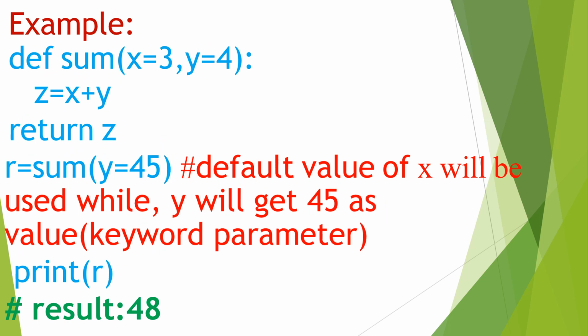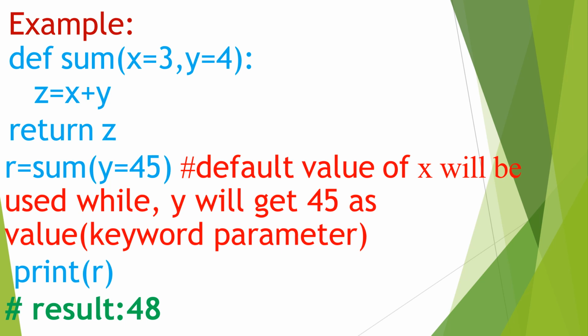Now, in this example, again, both the parameters are default parameters, but at the time of calling the function, we are sending y equals 45. Again, here y is a keyword argument, that is why the value of y will move into the parameter y.